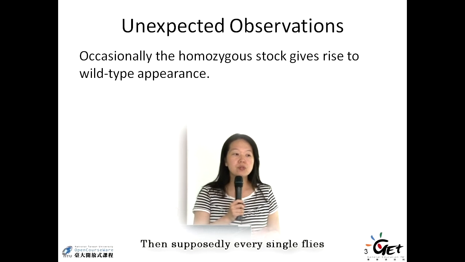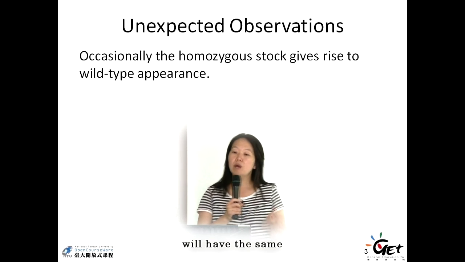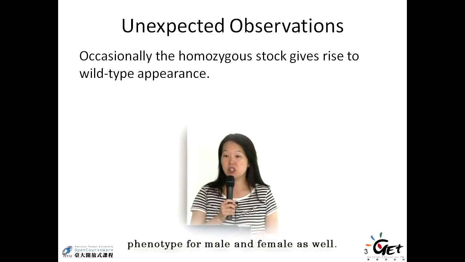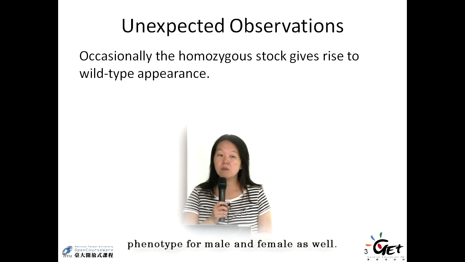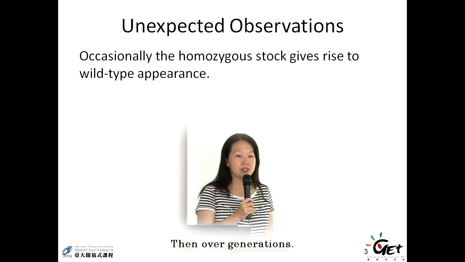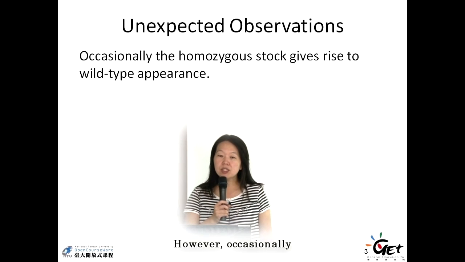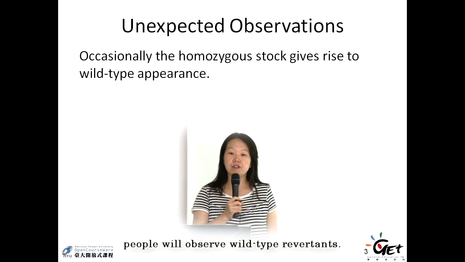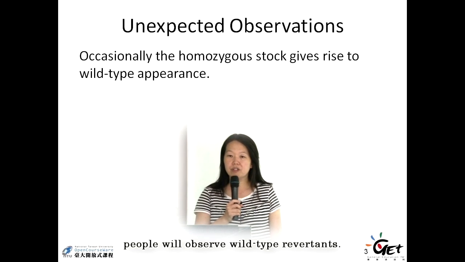Supposedly every single fly will have the same phenotype, male and female, over generations. However, occasionally people will observe wild type revertants.